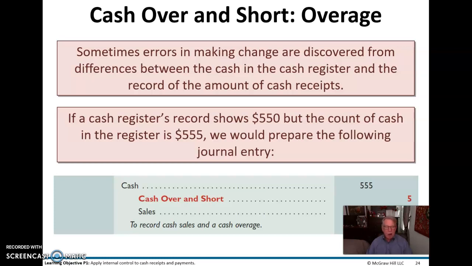So we have $5 more than we thought we would. We're going to credit sales for the normal $550 here, but we're going to put that difference of $5 between 555 and 550 as a credit to our cash over and short account.